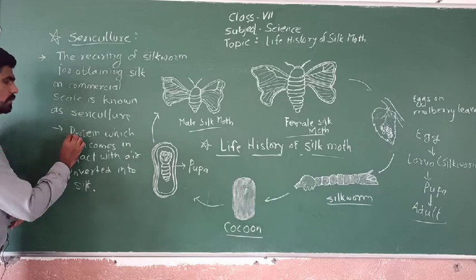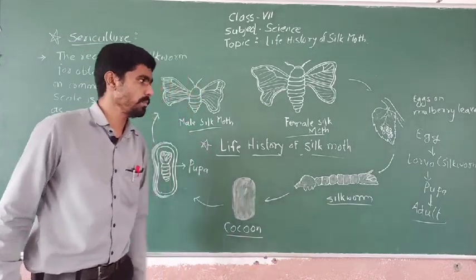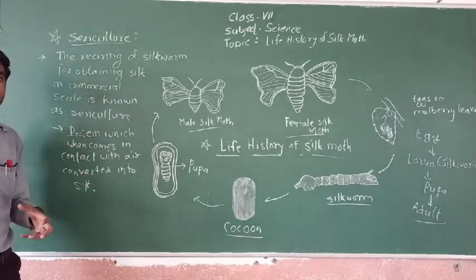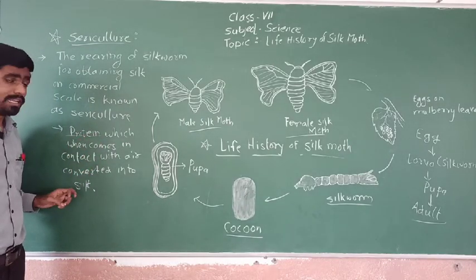So the protein is secreted by the saliva of the silkworm, and that protein, when it comes out of the mouth, gets converted into silk, a thread.